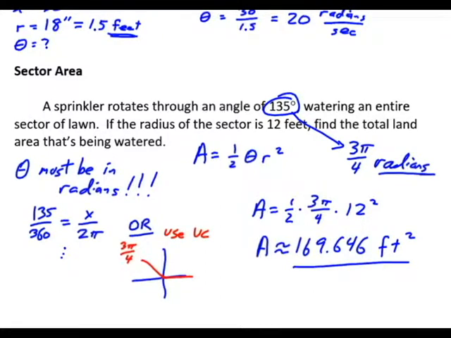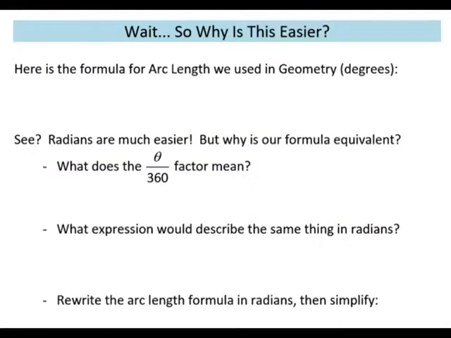Now that we've taken the formulas out for a spin, I'd like to demonstrate why this is an easier method than what we did in geometry. Here's the formula we used in arc length for geometry. Look at that, much more complicated.